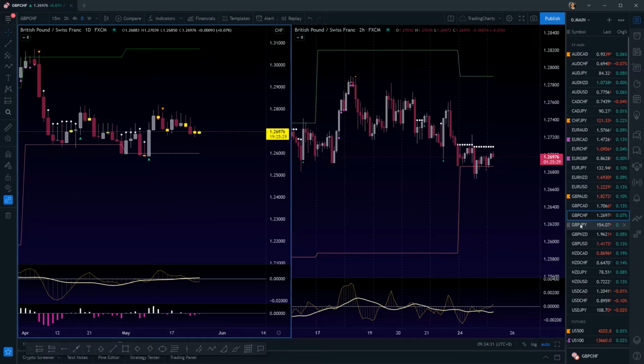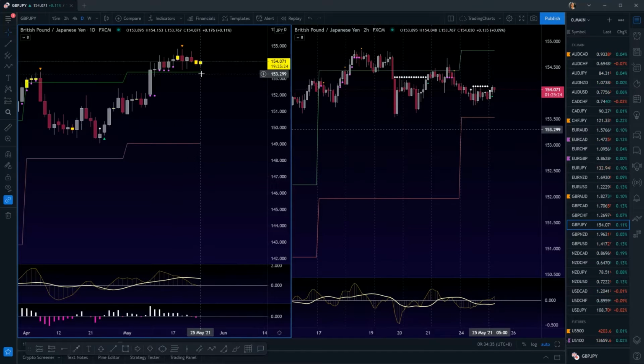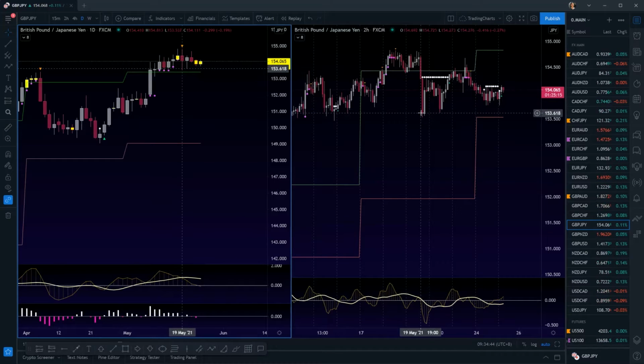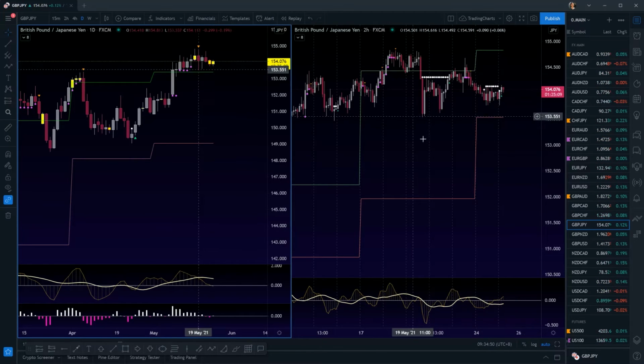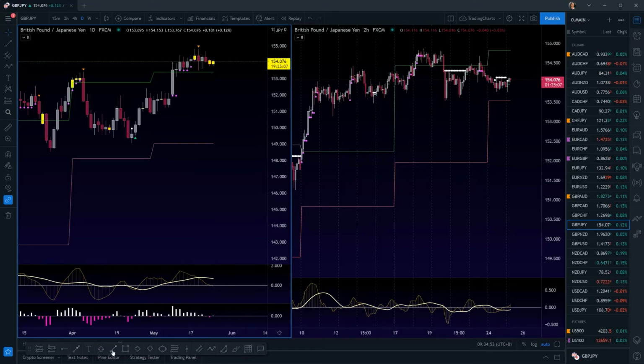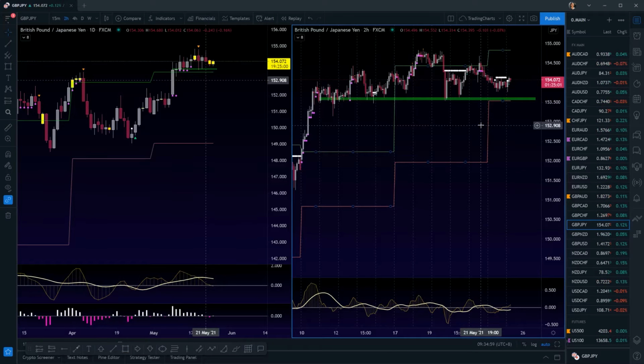I'm not gonna trade this, no trades. British pound, yen, narrow range as well. On the 2 hour, it's just waiting for this level here. Yeah, I'm not gonna do anything. It's just horrendous, this level. We've got to wait for this to break as well.